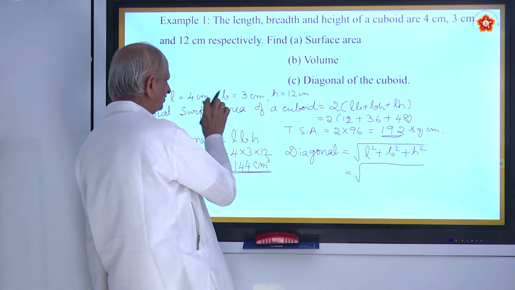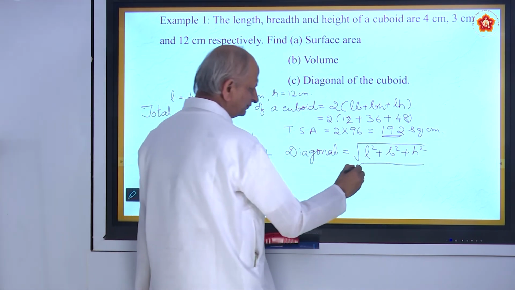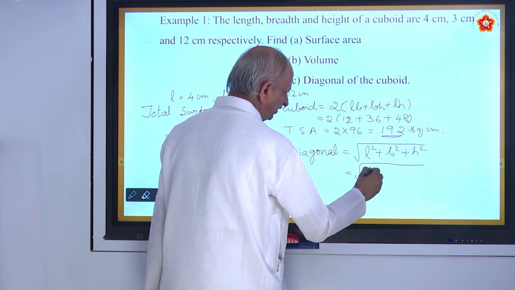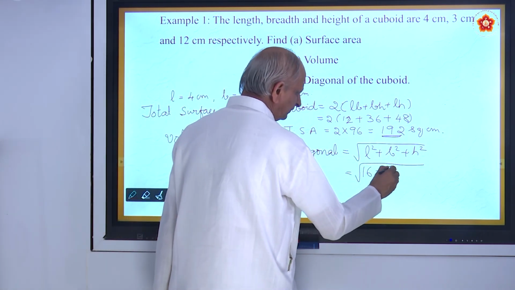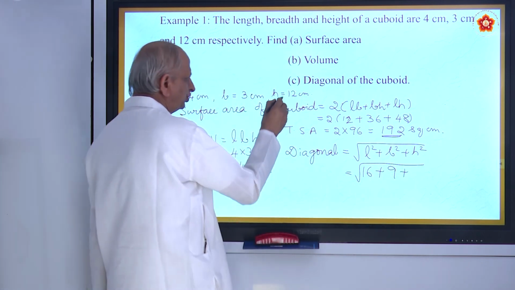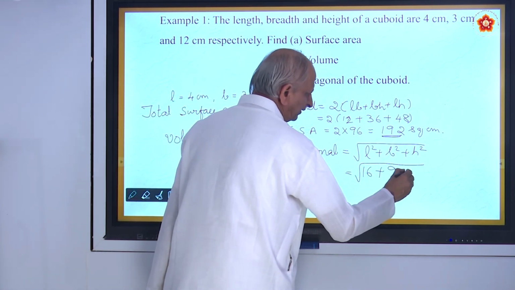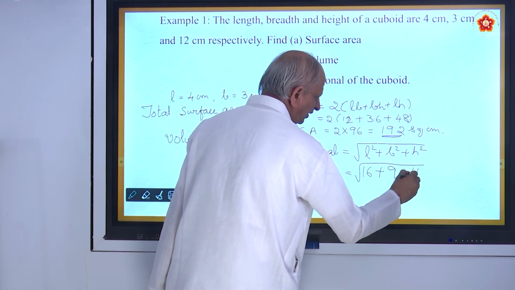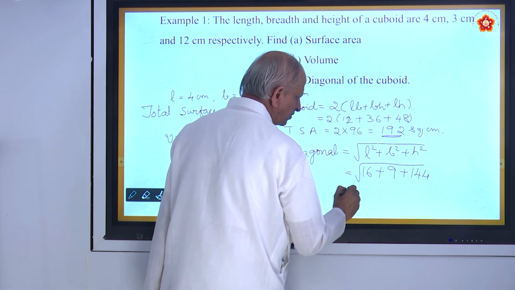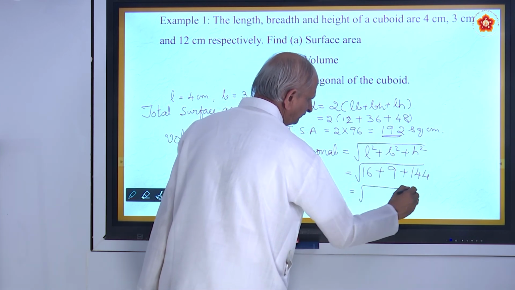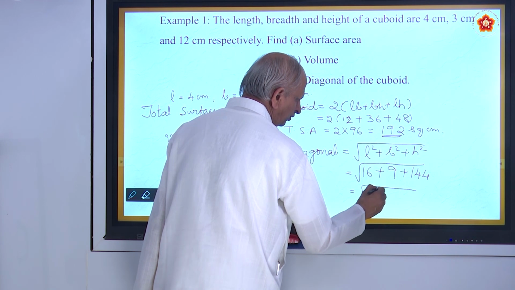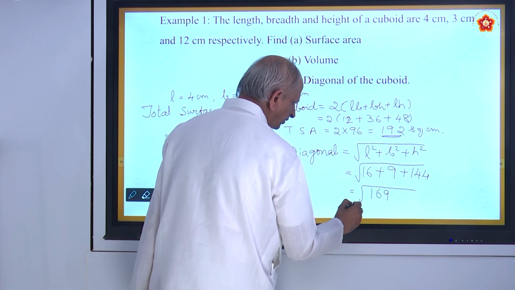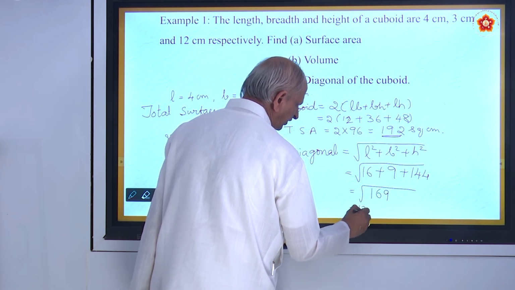L is 4, 4 square is 16. B is 3, 3 square is 9. H is 12, 12 square is 144. That is 25 plus 144, 169. Root of 169 is 13 centimeters.